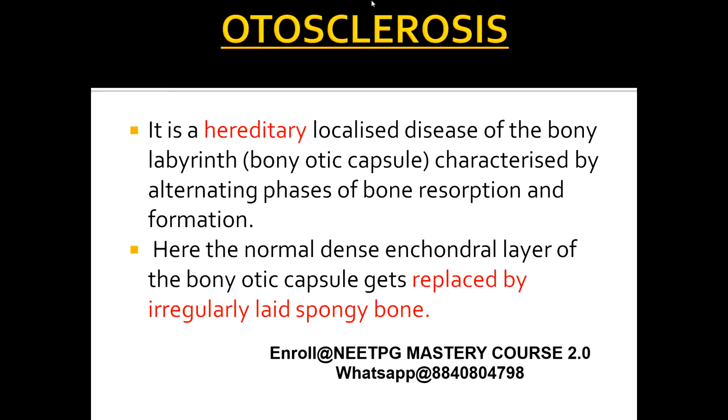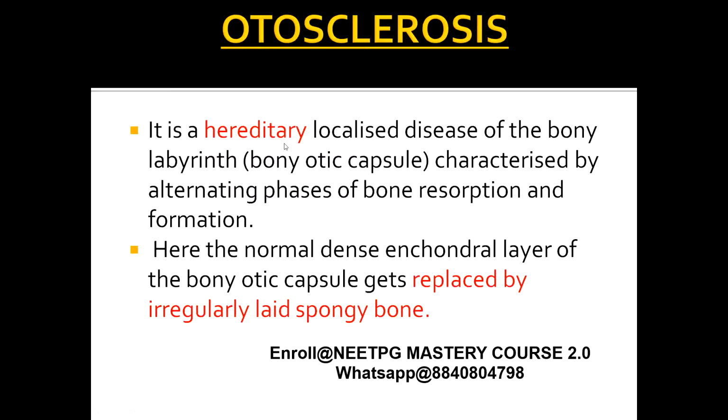is one among them. So basically, otosclerosis is one big topic which I will discuss in another video, but in this video I would like to make you know some important MCQs related to it, some important points related to it that you need to know.